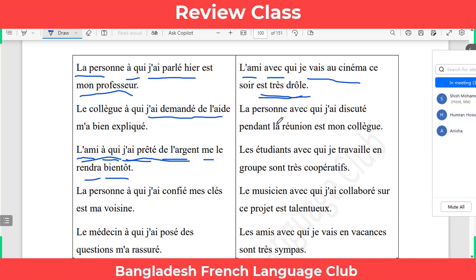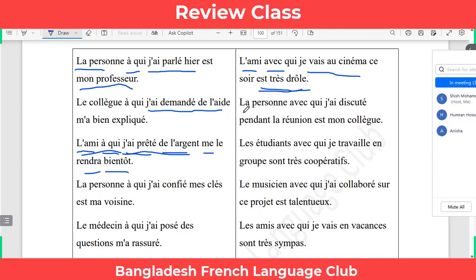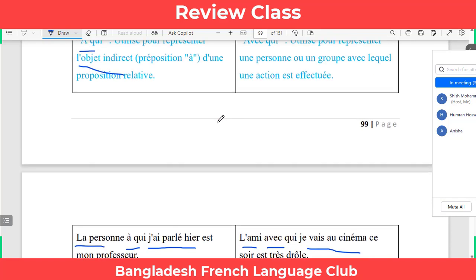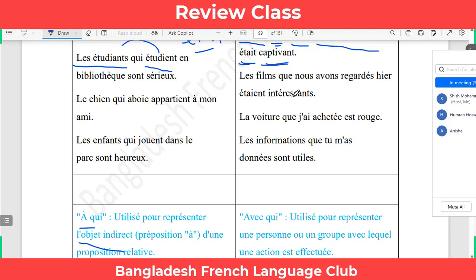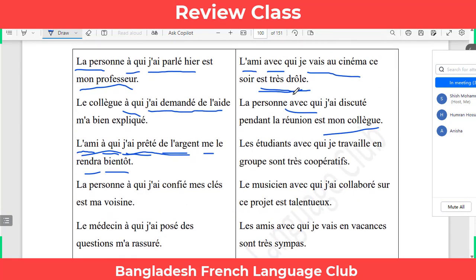Drôle. So, la personne avec qui j'ai discuté pendant la réunion est mon collègue. No difference, so I don't think more explanation is needed. So à qui and avec qui are used, and this also has a relation with the usage of que, because after all of them we see that the full sentence is coming.